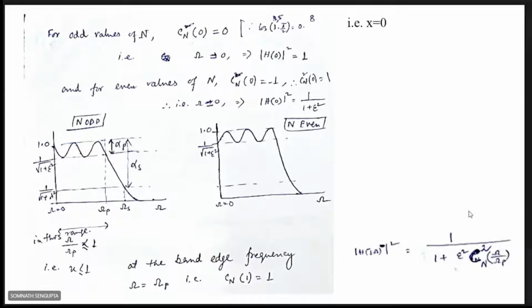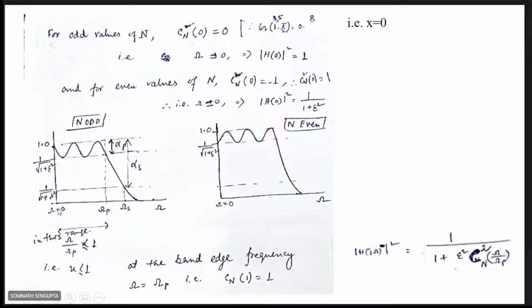Now in this graph we see that for type 1, where ripple is there in the pass band, again two scenarios occur. One is when the order of the filter is odd and the other when the order of the filter is even. You see the oscillation, and at zero frequency there is a difference.